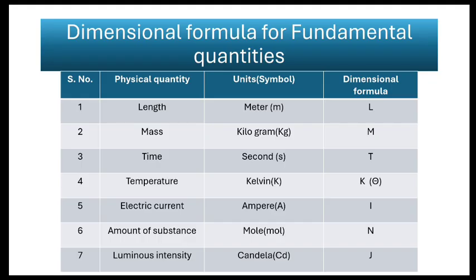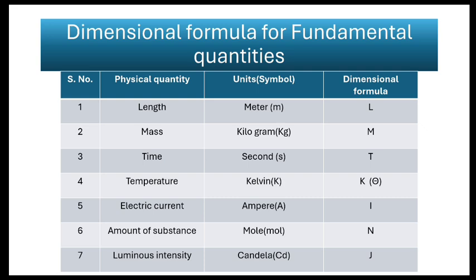These are the fundamental quantities with their dimension formula. Length is capital L, mass is capital M, time is capital T, temperature is capital K or theta, electric current is capital I, amount of substance is capital N, luminous intensity is capital J. Based on these 7, hundreds of physical quantities are formed in physics.